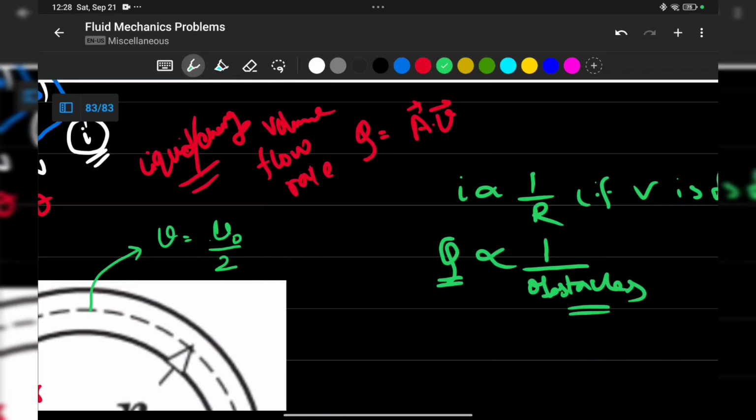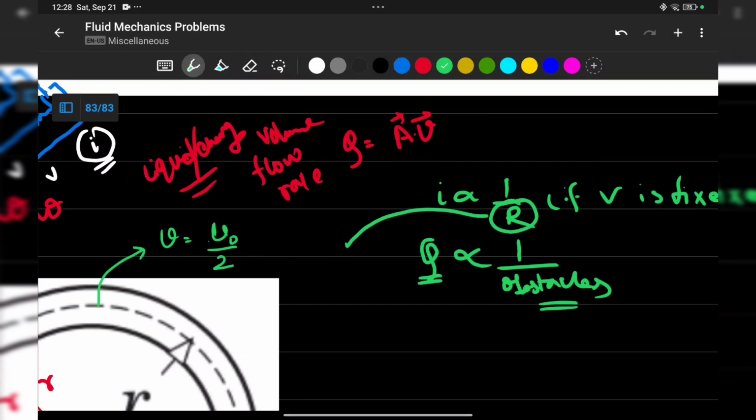And what is R proportional to? R is proportional to the length of the conductor. Here the obstacles will also be proportional to the length of the conductor.